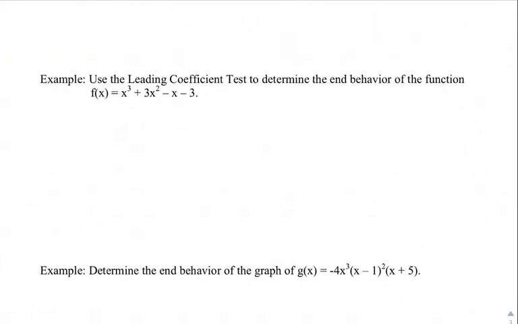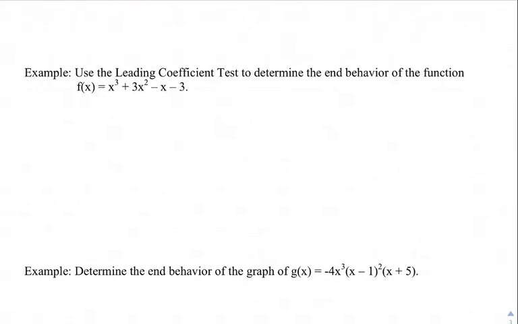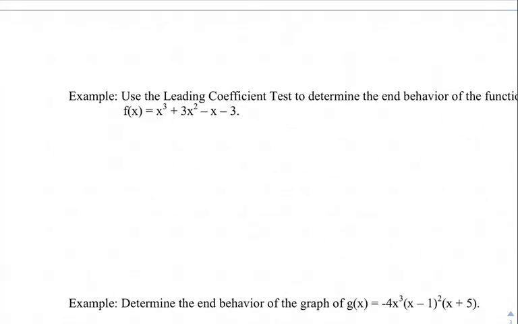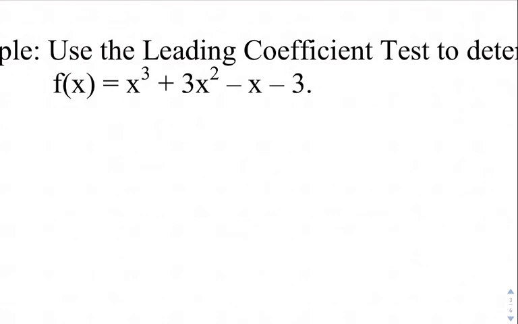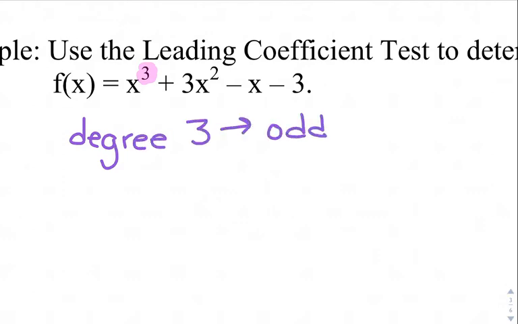Starting with example number 1, we're going to use the leading coefficient test to determine the end behavior of the function f of x equals x cubed plus 3x squared minus x minus 3. We're looking at the greatest degree, so this has a degree of 3. Well, 3 is an odd number, so it's taking me back to my odds.